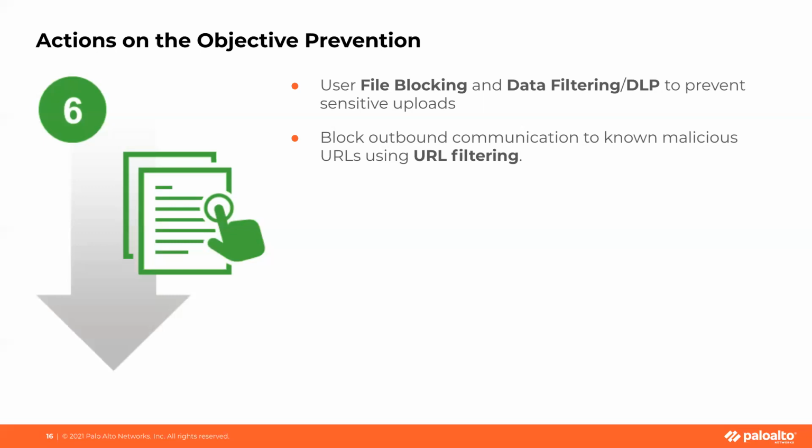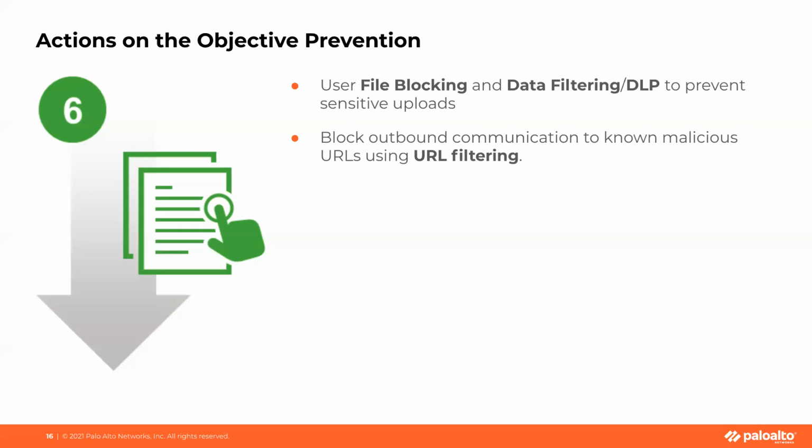Obviously, as I mentioned before, file blocking is somewhat crude here because it works on file types, but data filtering and DLP are much more sensitive to patterns and other things that might be found inside these documents, and can be much more fine-grained when it comes to preventing sensitive uploads and exfiltration.